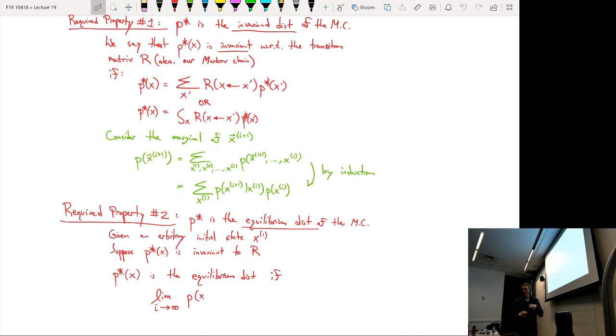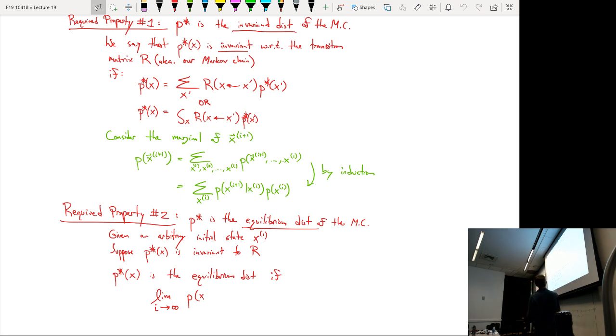So basically, imagine that you start at some state x1, and then you take a bunch of steps and you land at state xi. Okay, that's one possible xi. But there's lots of other xi's that you could have landed at. And you could reason about the distribution over future states xi that you could land at, right? And so the first property is that whatever the P star distribution is, it's going to be invariant to transitions according to our Markov chain.